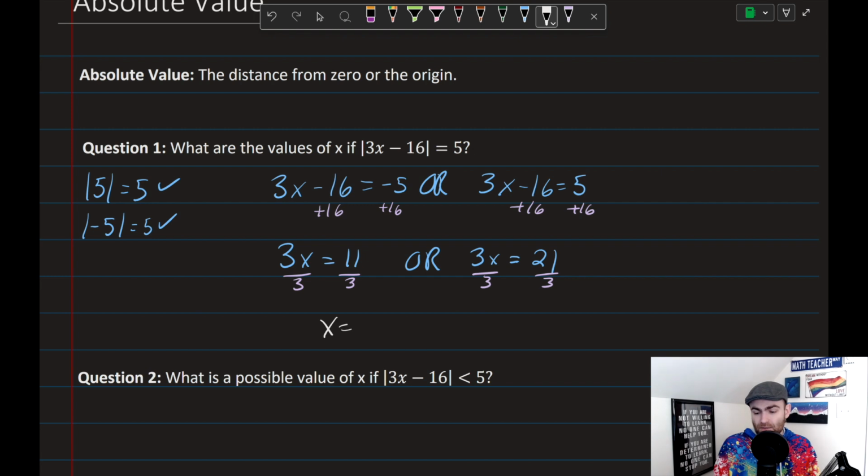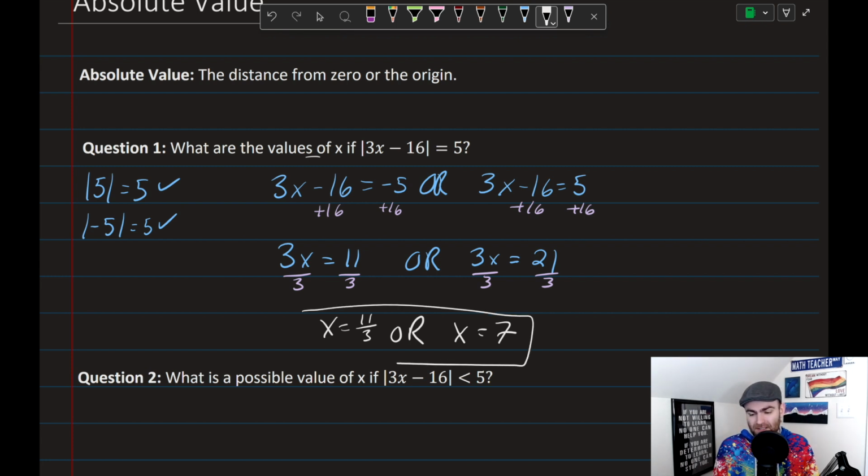So x is equal to 11 thirds, or x is equal to 7. And both of those are true statements. So that is why we have two values for x here.